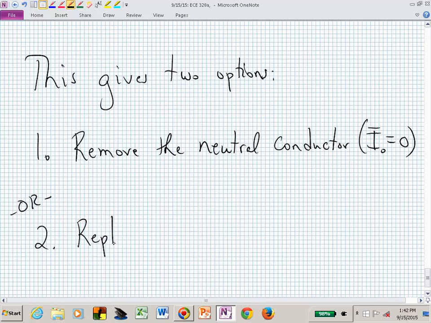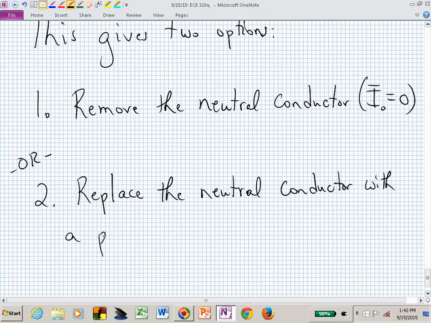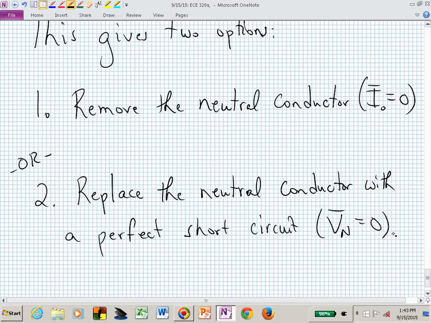Replace the neutral conductor with a perfect short circuit. And that's now using the fact that that voltage was 0.